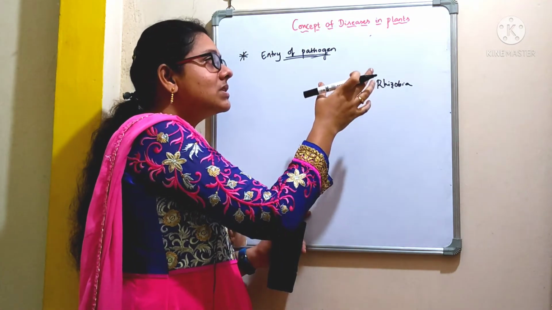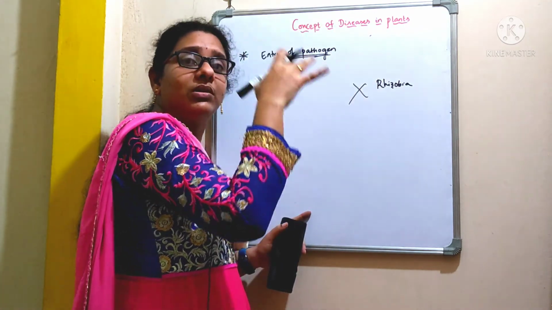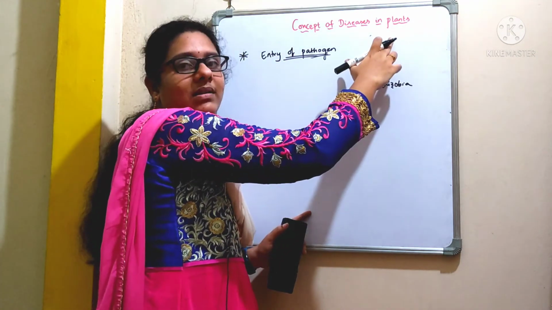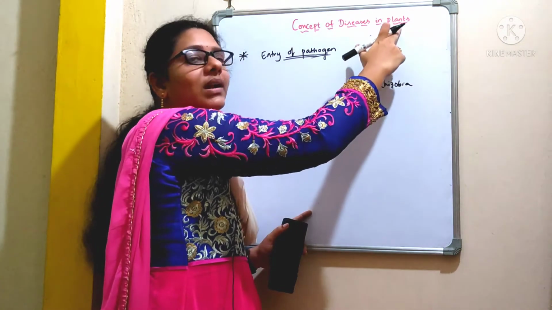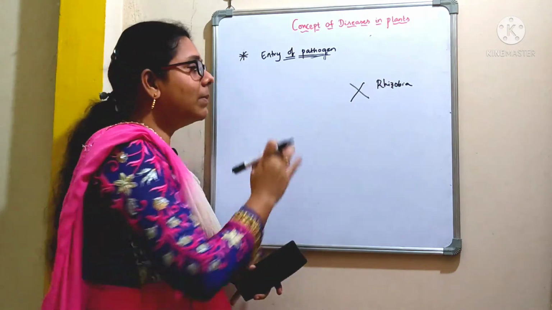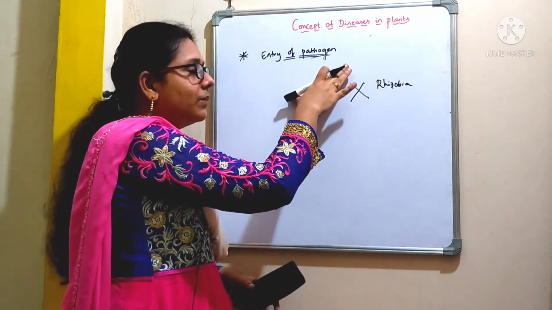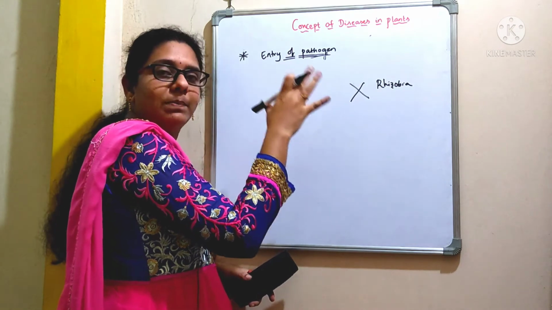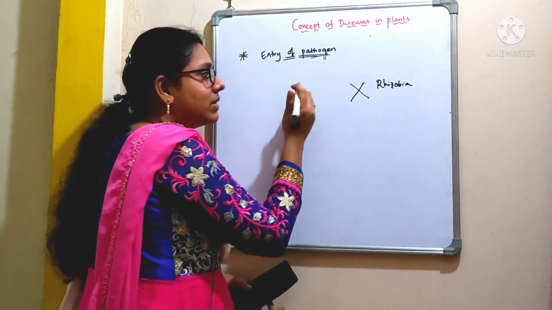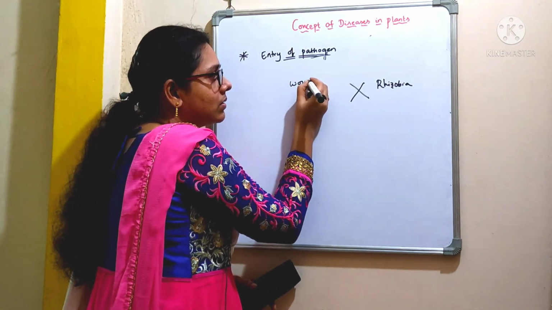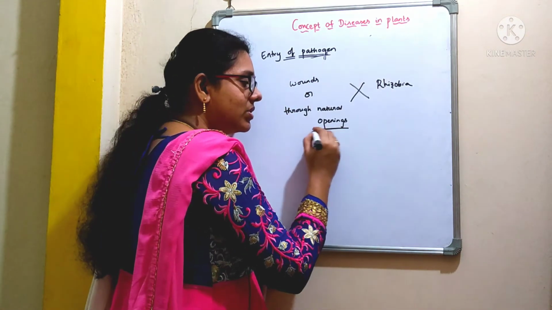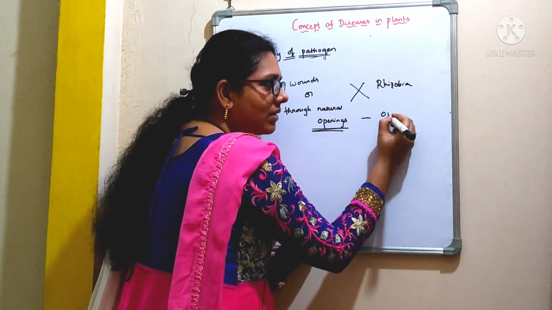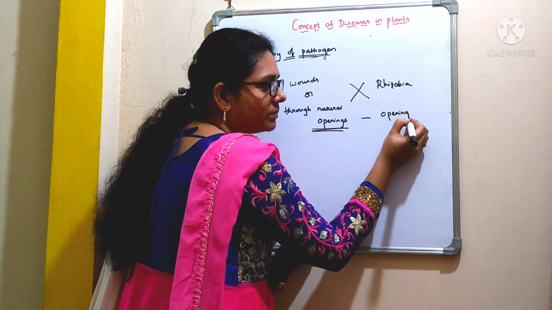So the pathogens are the organisms which cause disease in plants, and their growth should be eradicated in order to protect the plant. Coming back to the entry of pathogen, these pathogens may enter into the plant system through wounds or through natural openings. Natural openings means opening and closing of the stomata.